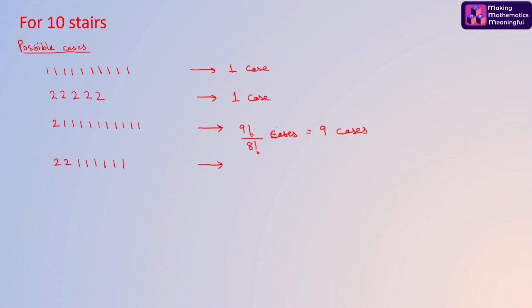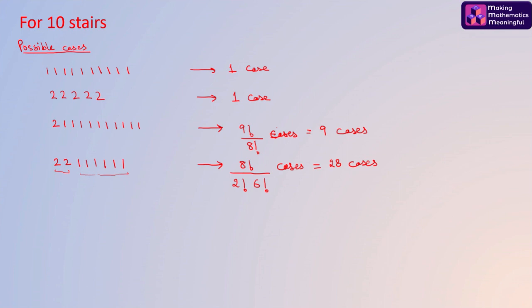Now in this case we have a total of 8 places, that is 8 factorial divided by, now this 2 is coming 2 times, so we divide by 2 factorial, and this 1 is coming 6 times, so divide by 6 factorial. When you simplify this, it is 28 cases. I am leaving the calculation to you.